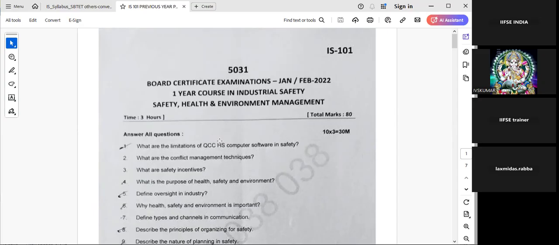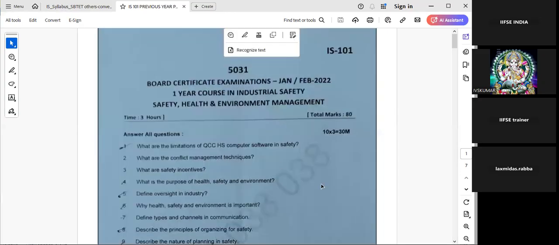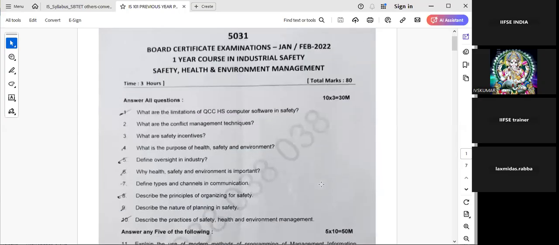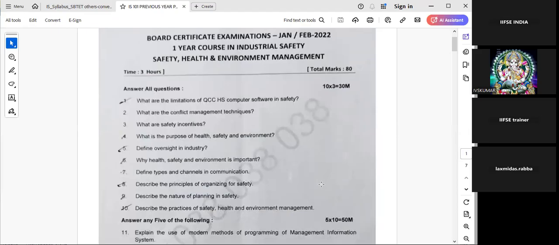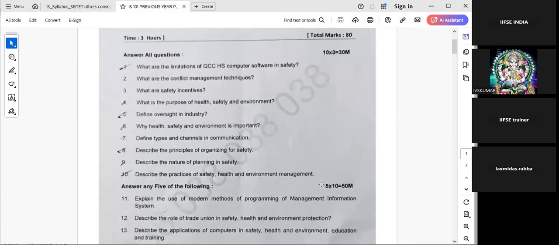If you see, there are basically only two sections in the examination. The first section carries 10 questions, 10 into 3, 30 marks, and it is the short answers, where you attend for 3 marks each.